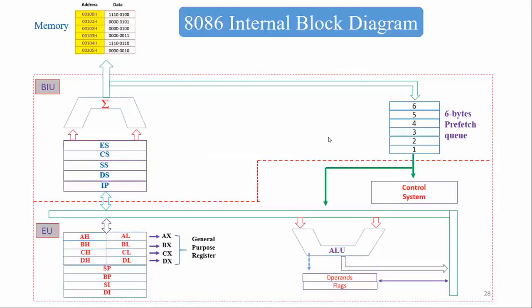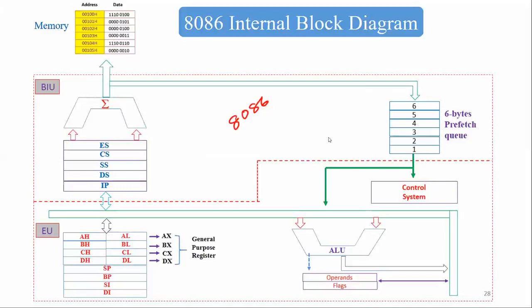So whatever you have seen before, all the things are inside the box. Now we have opened up that box. The internal block diagram, or internal architecture, you can say, of 8086. The red line that you are seeing here, that is your 8086, and it has two parts.